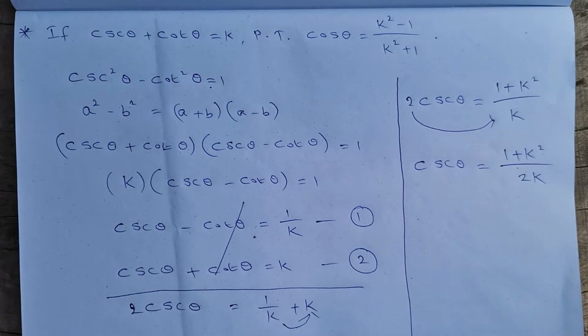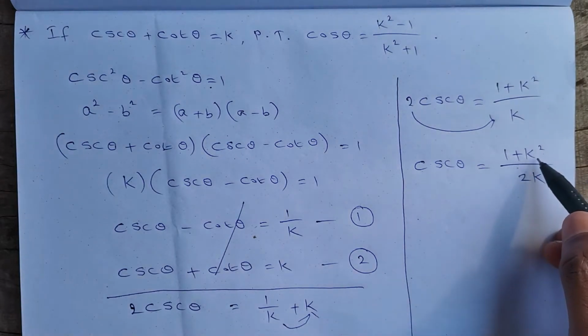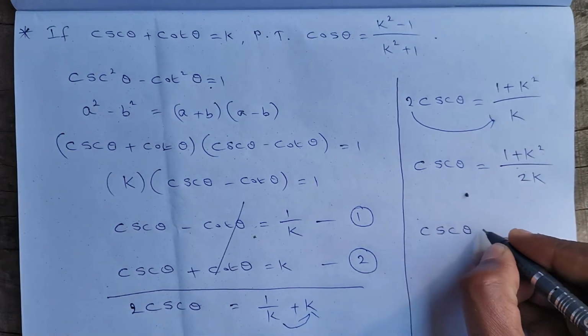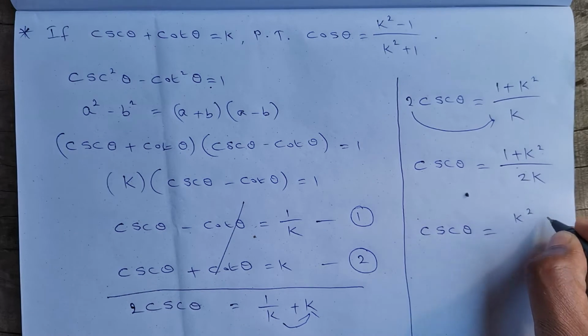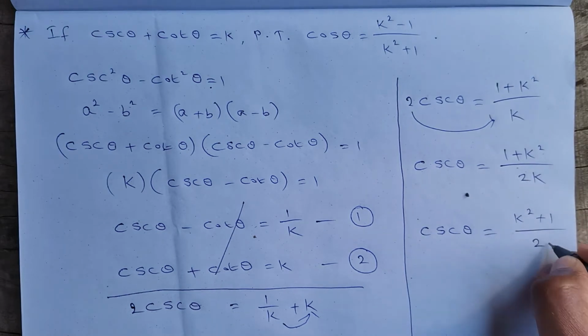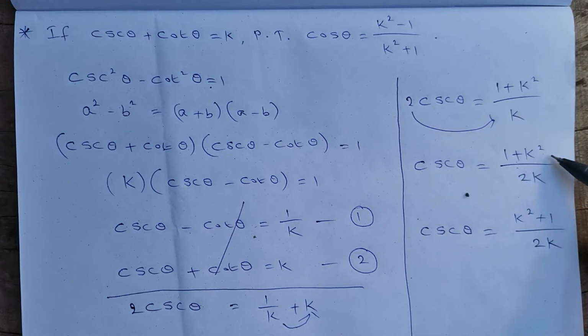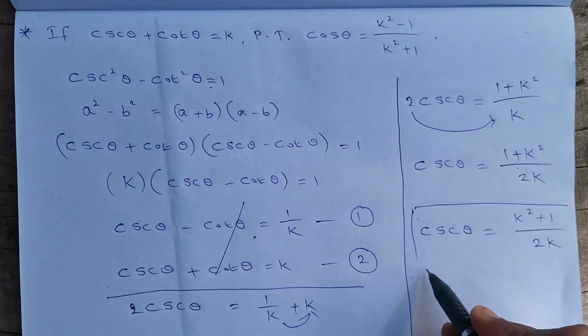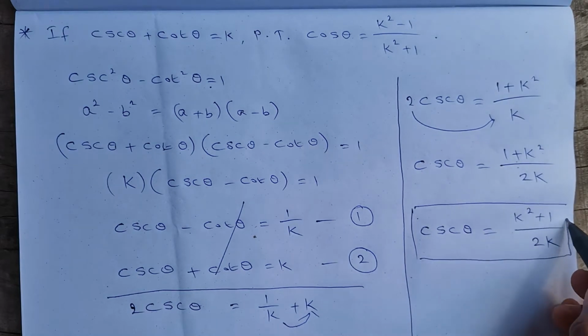To avoid any confusion in the later steps, I am writing this 1 plus k square as k square plus 1. Cosecant theta is equal to (k square plus 1) divided by 2k, because 1 plus k square is exactly the same as k square plus 1.